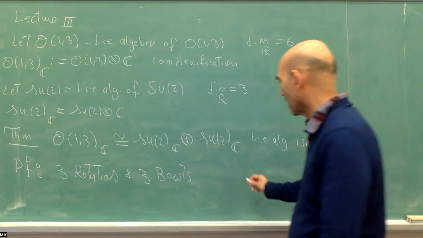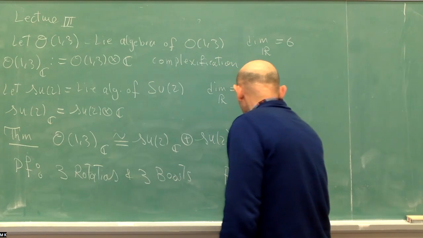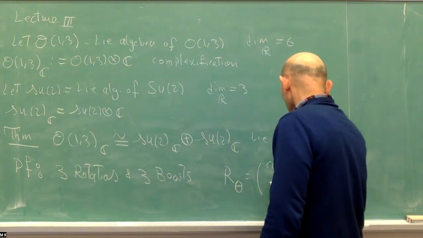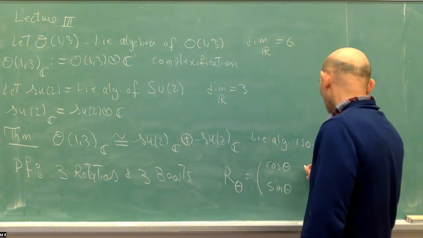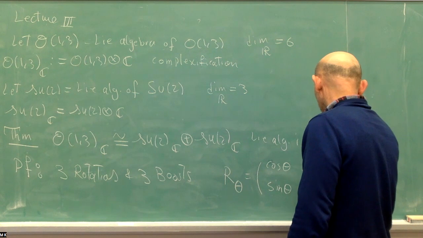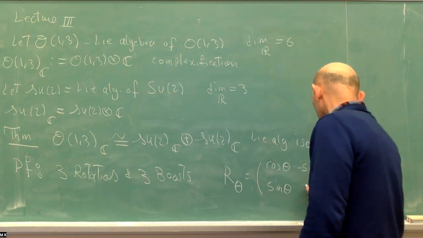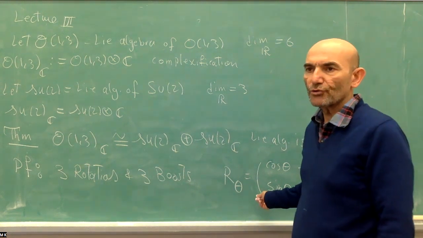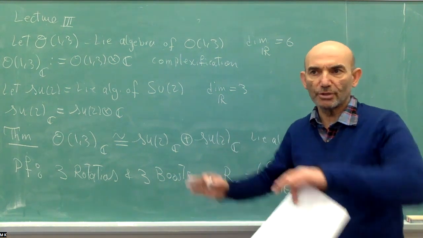That's a very simple thing. By rotations, I mean something like this: R_theta equals cosine theta, sine theta, and then minus sine theta, cosine theta. You see, this is an orthogonal matrix. It's a rotation in a 2-dimensional Euclidean space.